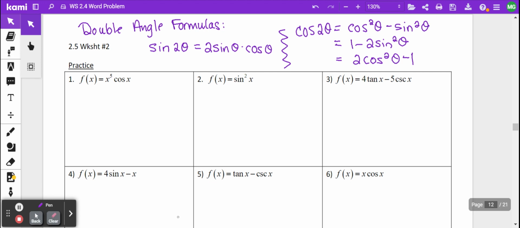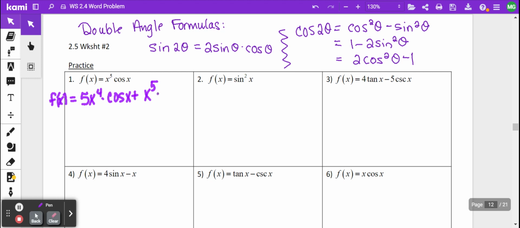So let's go ahead and get started. Remember, we're still going to use product rule, quotient rule, power rule, all the things that we know. For the first one, we have to take this derivative. We take 5 times x to the fourth, so the derivative of the first times the second, plus the first times the derivative of the second.